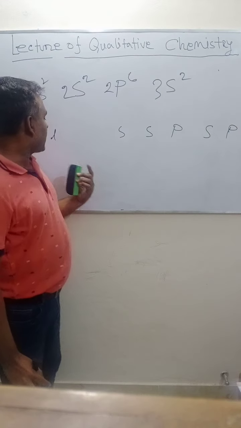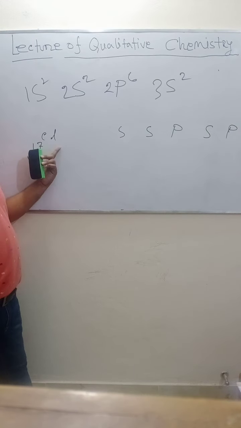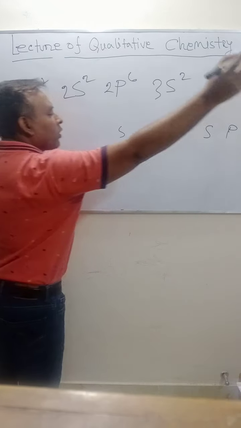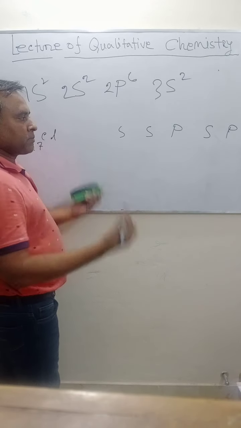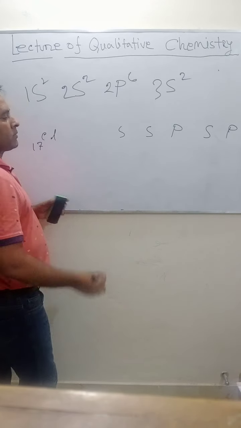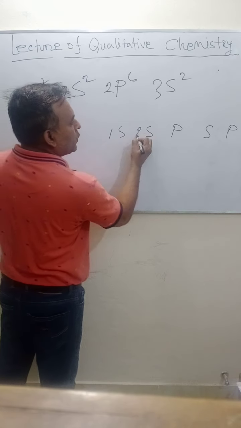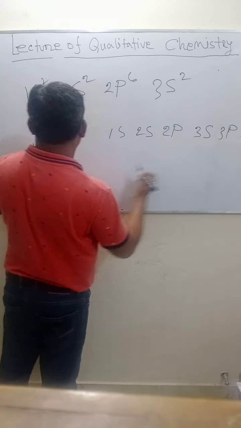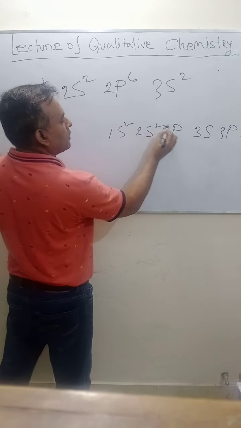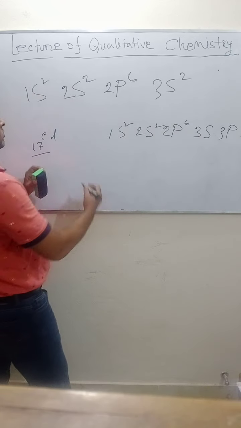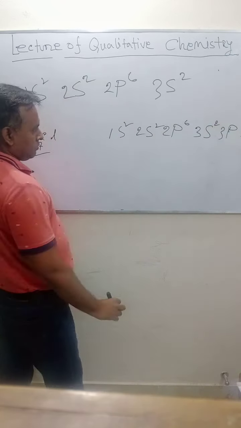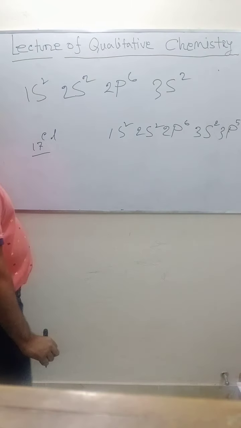As it is a small number of electrons, there is no need for more: SSP, SPS, SPS, DPS, DPS, FDPS, FDPS. No need. S1, 2, 3, 2, 3. You have 17, 10 electrons, then 12, remaining 5. So no need for more here. Clear?